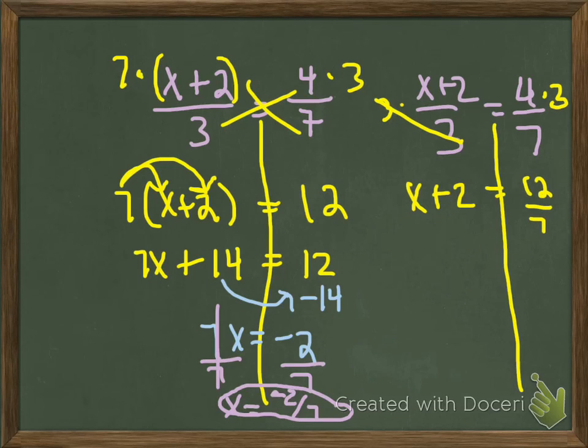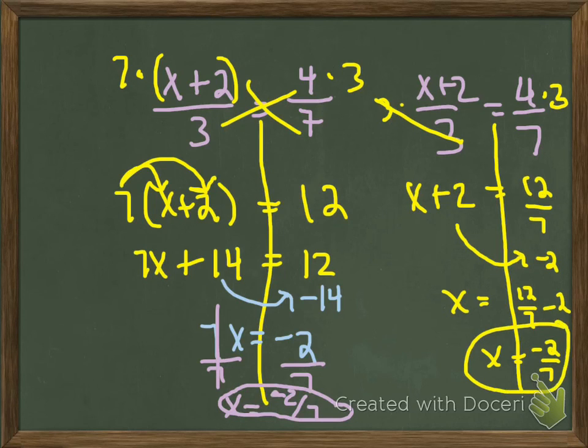And then all you would have had to do is subtract the 2 over, and you would have had x is equal to 12/7 minus 2. So 12/7 minus 2 is the same as negative 2/7. And I would have got the same answer.